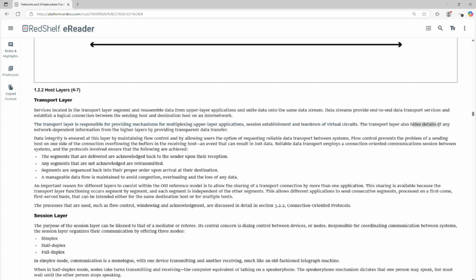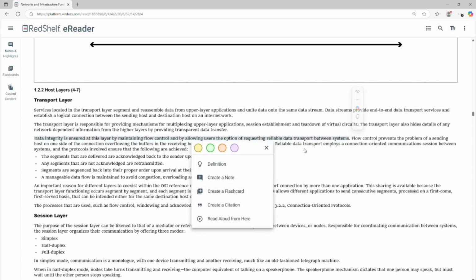It also hides details of any network dependent information from the higher layers by providing transparent data transfer. Also take note, it's responsible for data integrity. Keep that in mind.